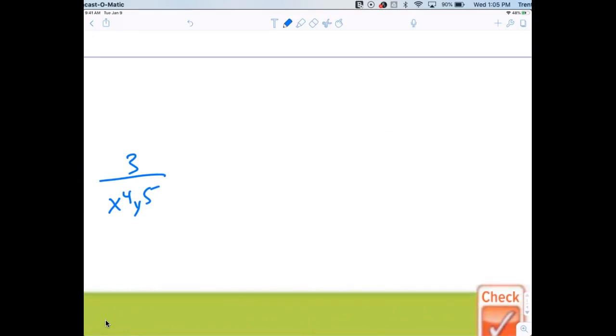If I said x to the 7th, I want you to write it with negative exponents. What would that be? Would it be 1 over x to the 7th? 1 over x to the what? 7th. It can't be the same. Negative 7. Yes, it would be 1 over x to the negative 7.